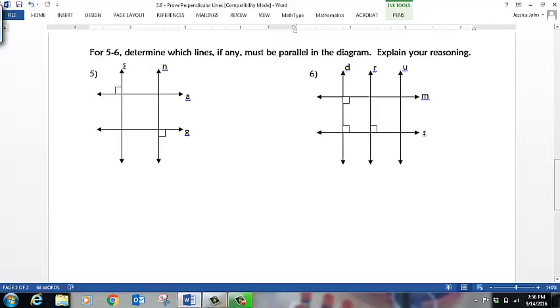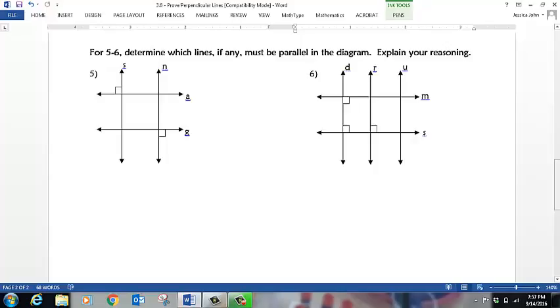For number 5 and 6 on the back side, this can start to get a little tricky because you have multiple sets of lines that look like they could be parallel, that look like they could be perpendicular.